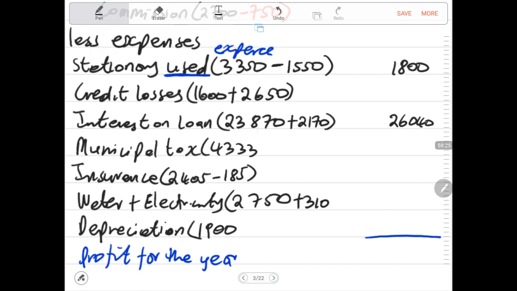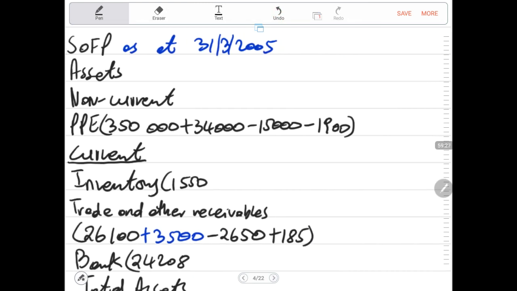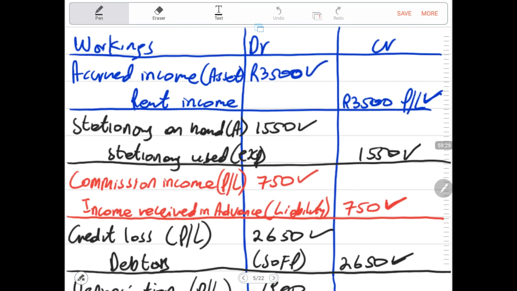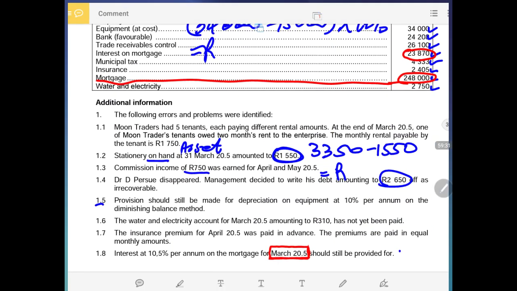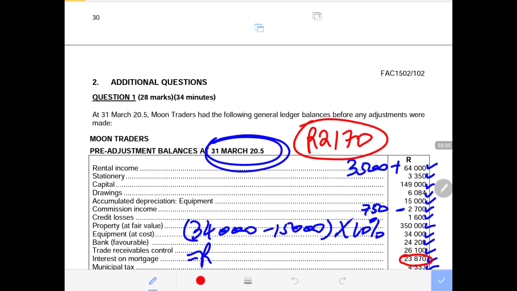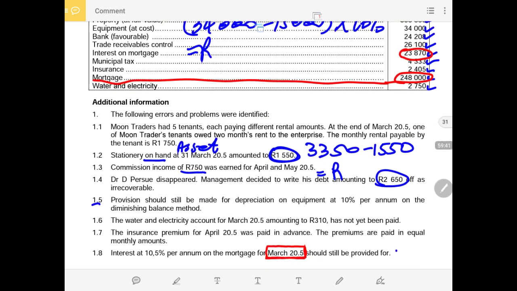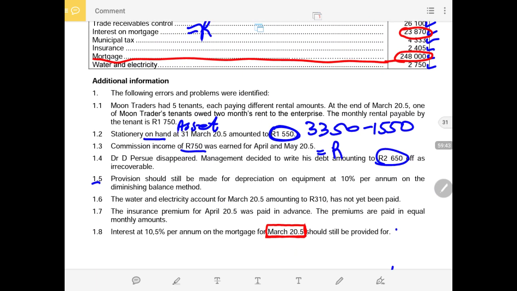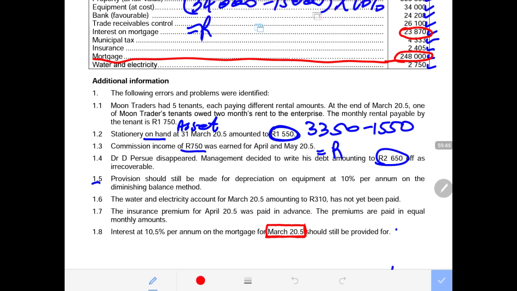So now this is just proving to you that the amount of 2,170 is really correct, which we have shown you, 2,170 that is accrued. So now we can see that the amount that is accrued is 2,170, meaning interest not yet paid for the month of March 2005. So it becomes an accrued expense.